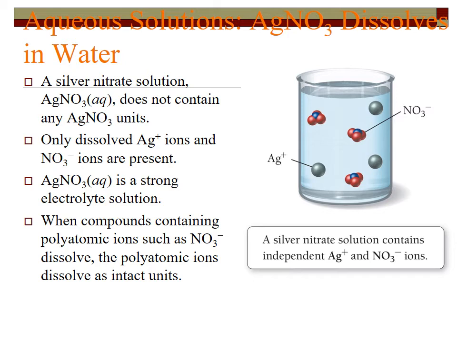You might think there would be bubbles because of NO3, since nitrogen and oxygen are gases. However, in this case, they are coupled together as a polyatomic ion, and they are aqueous, meaning they are dissolved in that solution. So when compounds containing polyatomic ions, such as NO3, dissolve, the polyatomic ions dissolve intact as their actual units. They are not going to dissociate into nitrogen and oxygen.